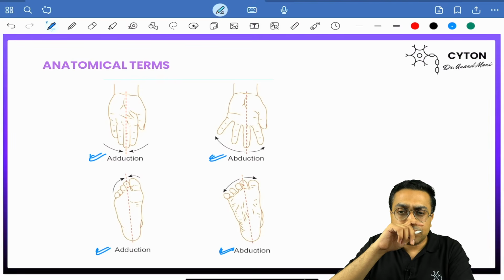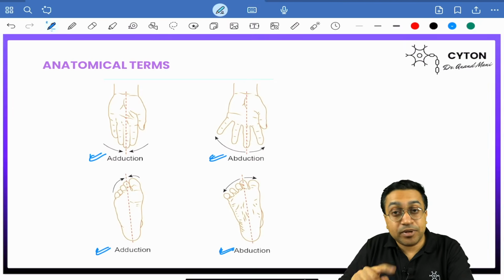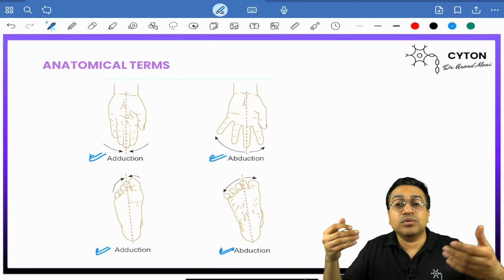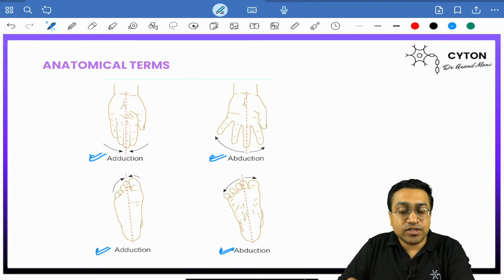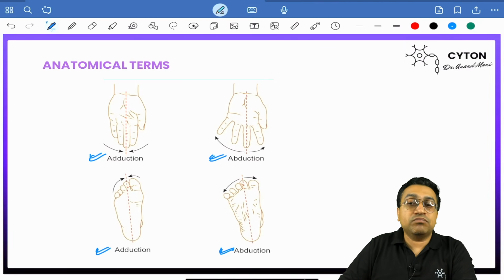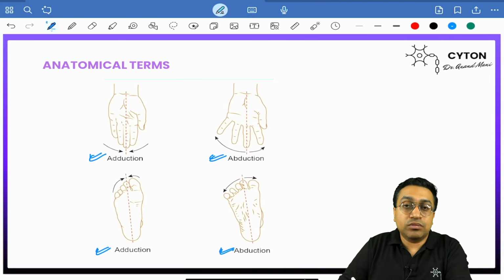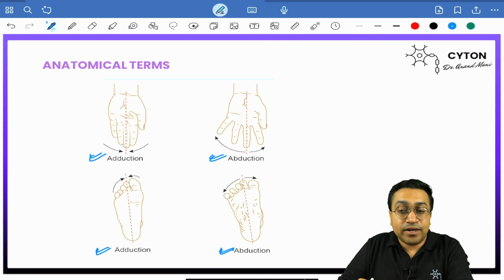Okay, and there is another movement which I have not mentioned, that is hyperextension. That would be extension of the body part beyond its normal anatomical position. For example, if you have undergone any dental procedure, you might have seen they hyperextend your neck, so that they can do the things inside the mouth. Okay, so that is another thing.